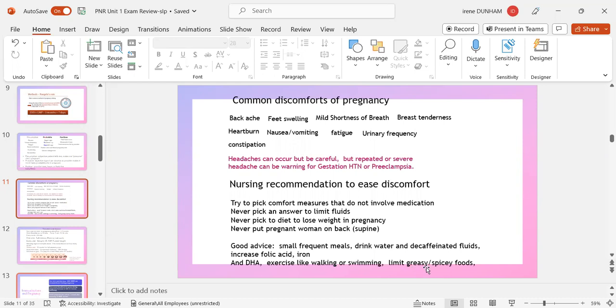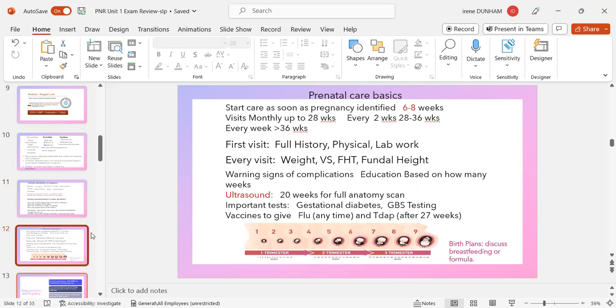And always limit greasy and spicy foods. Normally, they have a hard time with spicy foods because they start to get what? Heartburn, and then they get nausea and vomiting because of all that. So we want to tell them to limit. Please don't eat too many greasy foods, all right? It's just the body has a hard time breaking that down.